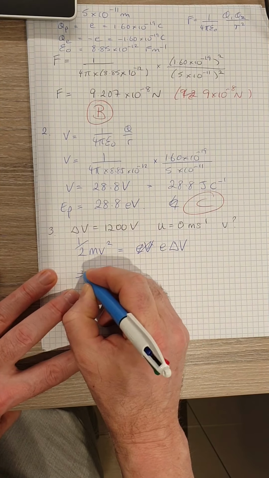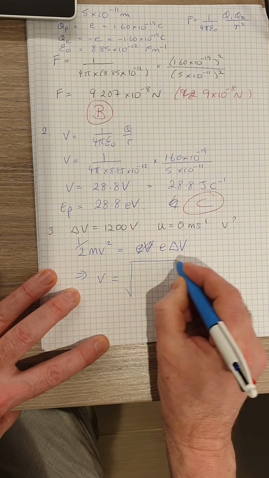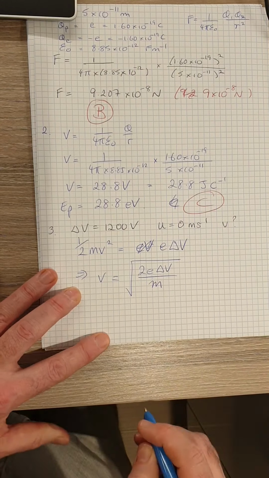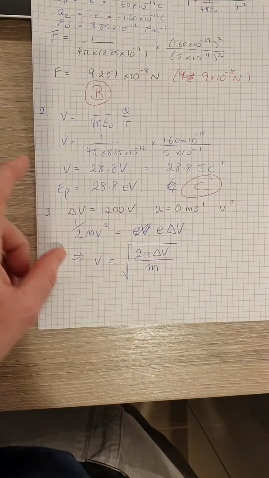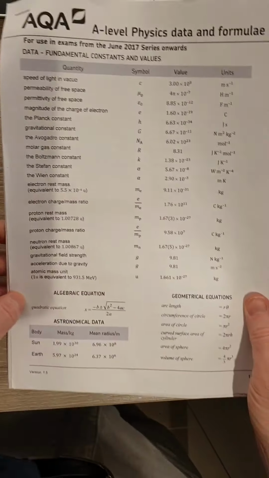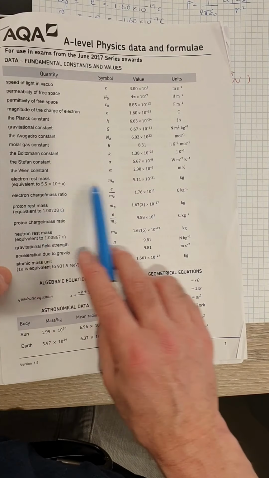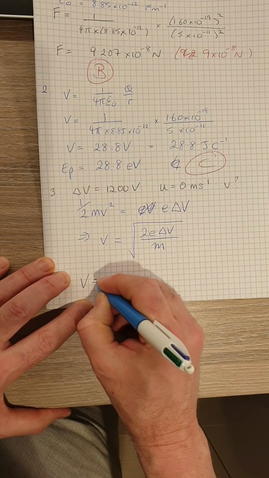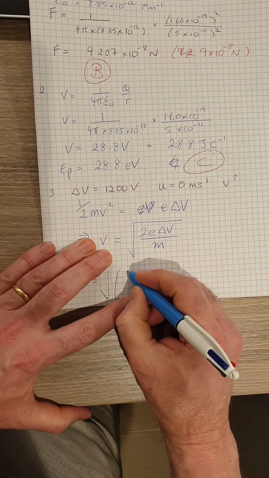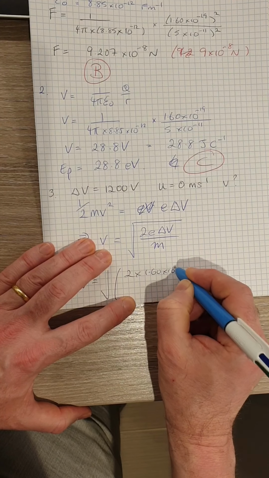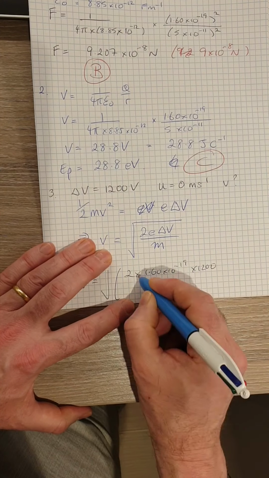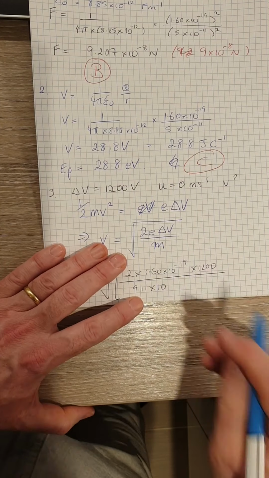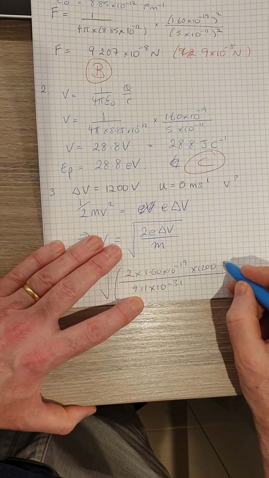Okay, so I can rewrite that as v is equal to the square root of 2e times the potential difference divided by m. Now the mass of the electron, we can get from our data sheet. So that gives me that v is equal to the square root of 1.60 by 10 to the minus 19 multiplied by 1200 divided by 9.11 by 10 to the minus 31.